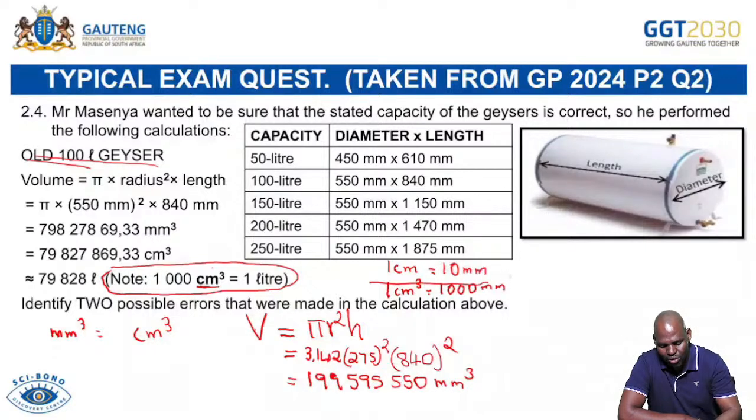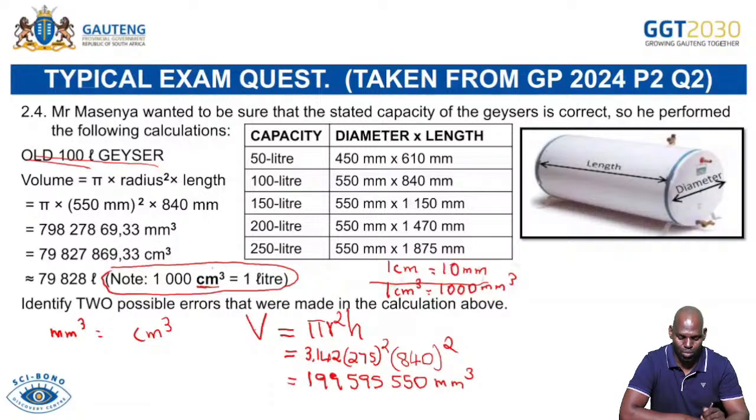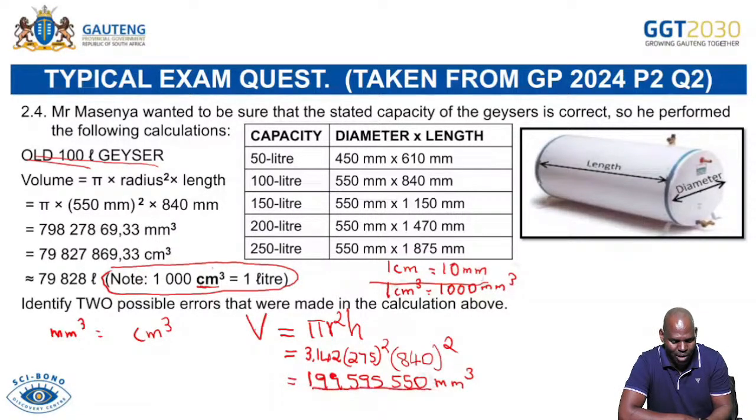Then millimeter cubed. So what does this mean? It means if I convert from a centimeter cube to a millimeter cube, I have to multiply by 1,000. But if I have to convert from millimeter cubed to centimeter cubed, I'm going to divide by 1,000. So therefore, for this one, I divide it by 1,000.